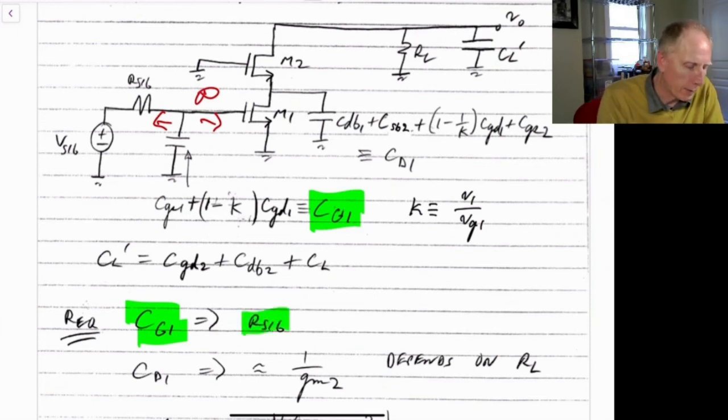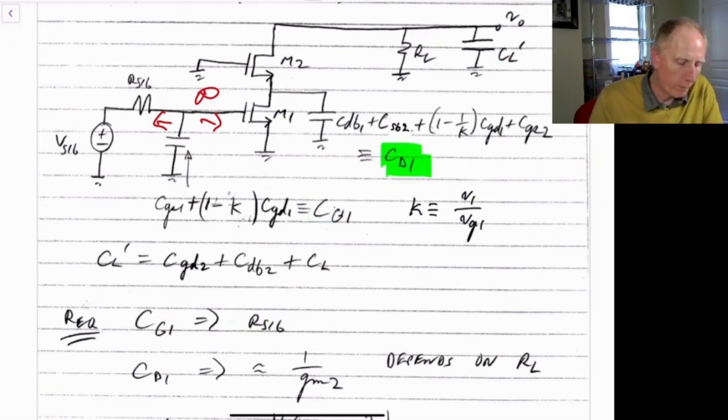So that's the equivalent resistance for CG1. The equivalent resistance we see for CD1 will be the impedance looking into this node, into the drain of M1 and the source of M2. Because it's in parallel, it'll be dominated by the impedance looking down, which is approximately R0, and the impedance looking up, which is approximately 1 over GM2. So it's just going to be approximately 1 over GM2.